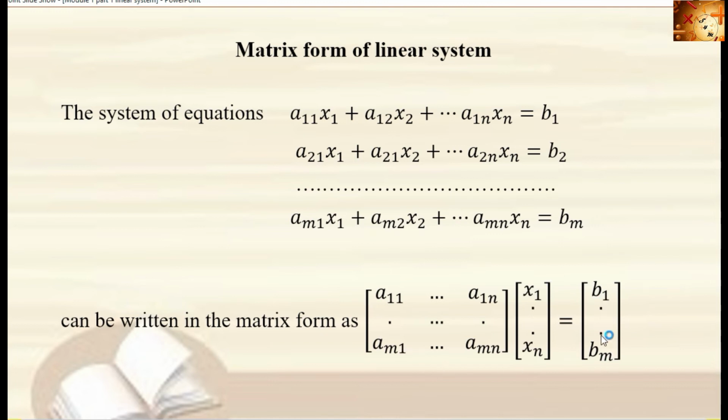So this is the matrix form of the linear system of equations. Here the coefficient matrix is denoted by capital A, the variable matrix is denoted by capital X, and b1, b2, etc. bm is denoted by capital B. So this matrix form will be rewritten as capital AX equal to B. So this is the matrix form of the given linear system of equations.